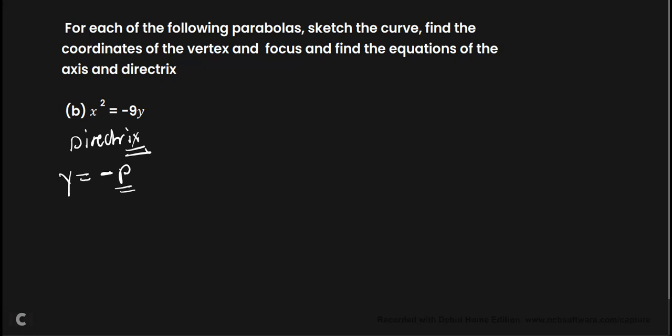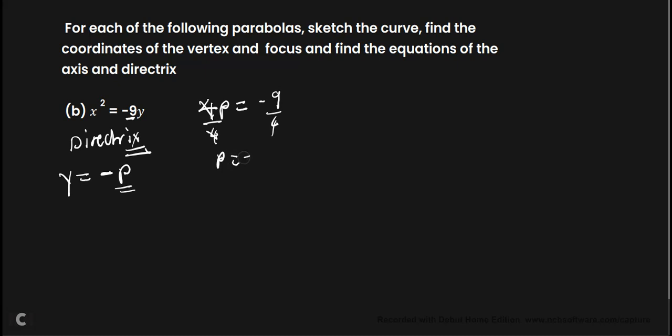Or the shorter way, you just say 4p equals the coefficient of the letter that is not squared. Here, the letter which is not squared is y, so it will be equal to negative 9. So you find the value of p there.